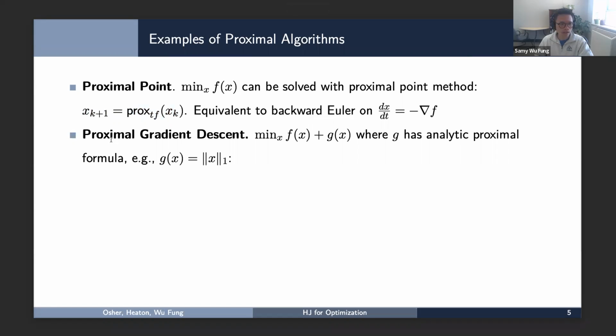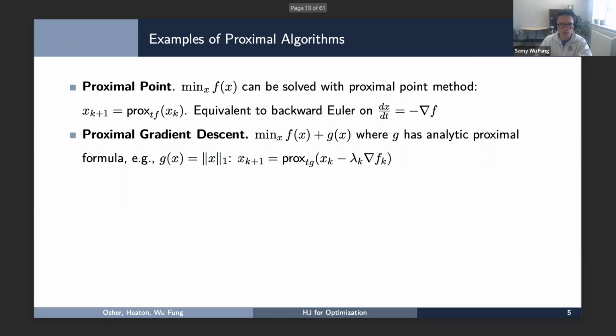A setting where proximal operators show up more is when you want to minimize a sum of two functions, f of x plus g of x, where f is smooth but non-proximable. Non-proximable means that there's no analytic formula for the proximal of f, but g has an analytic proximal formula. For instance, when g is the L1 norm, this is a classic lasso problem, and g has an analytic proximal formula given by the shrink operator.